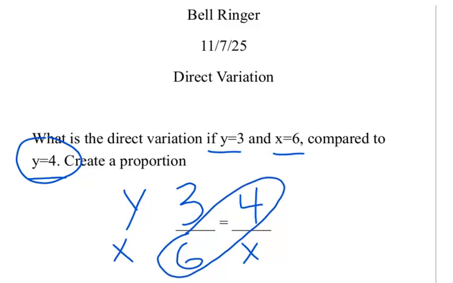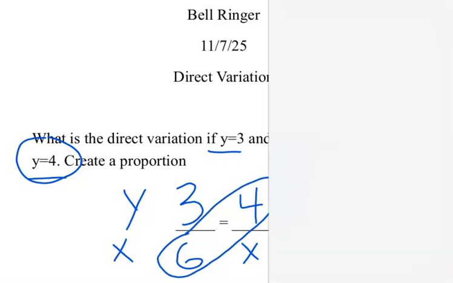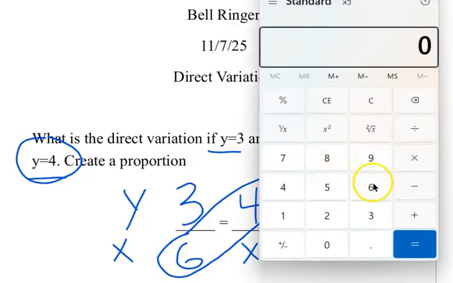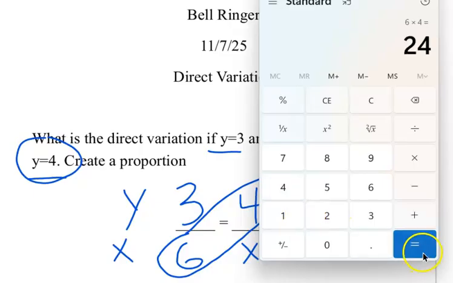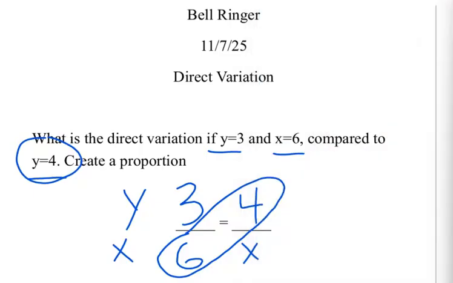So with your calculator, 6 times 4. 6 times 4 is 24. Divide that by 3.